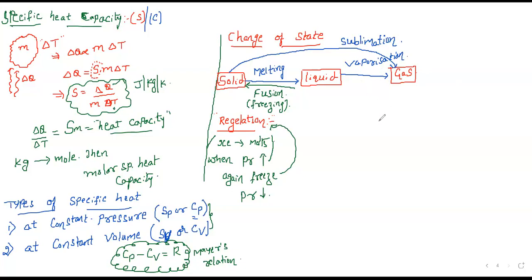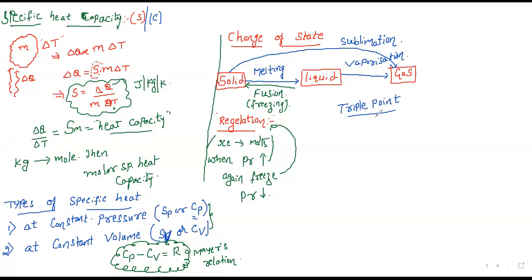Then, in this case, there is one more important point here. That point we usually call a triple point. You know that there are three states, that is solid, liquid, and gas. But at one particular temperature, solid, liquid, and gaseous, that is vapor, will coexist. That particular point we call a triple point.